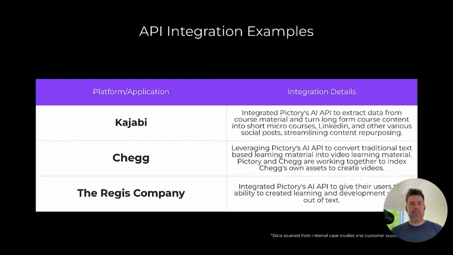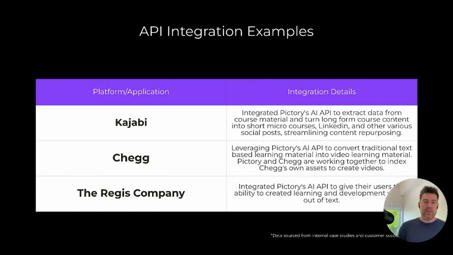With Pictory's integration with Kajabi, I can go in and, through our AI technology, create a short form course or ask their AI to auto summarize, auto highlight, and edit videos using text. Their users can now turn their long form courses into short form courses directly within their platform.